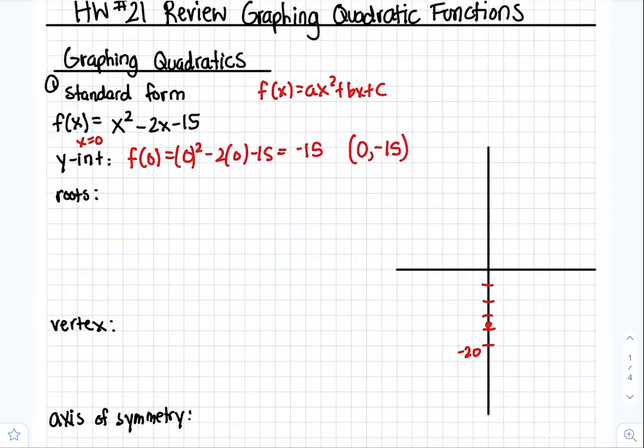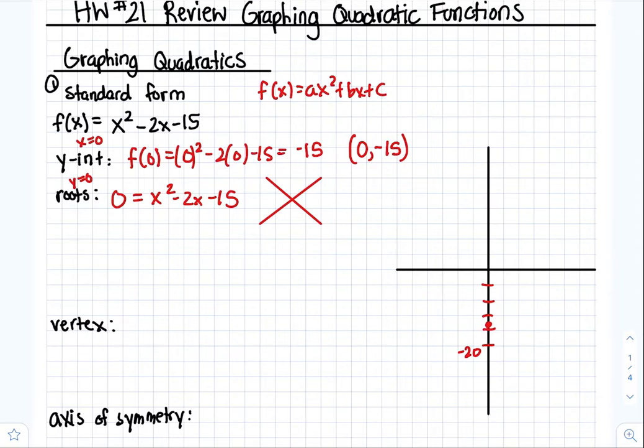Okay, now our roots. For our roots, you guys, this is where y is equal to 0 or when f of x is equal to 0. So 0 equals x squared minus 2x minus 15. Now, here we gotta solve for this quadratic, so we gotta solve for x. So I'm just gonna use our good old x method to factor this to solve for it.